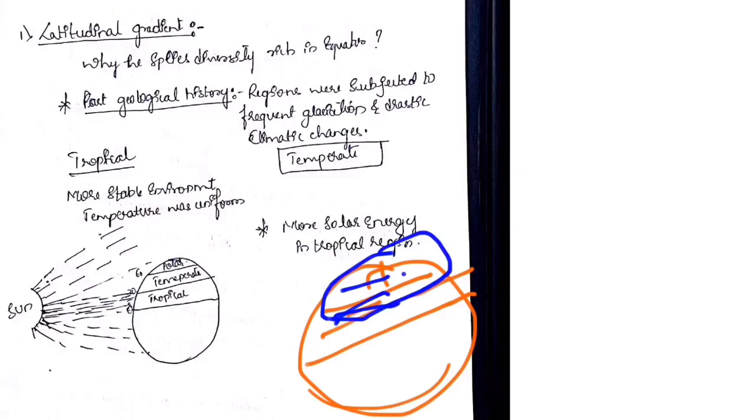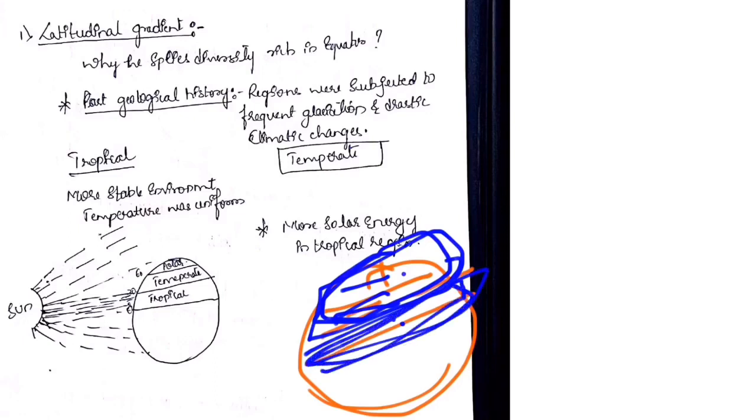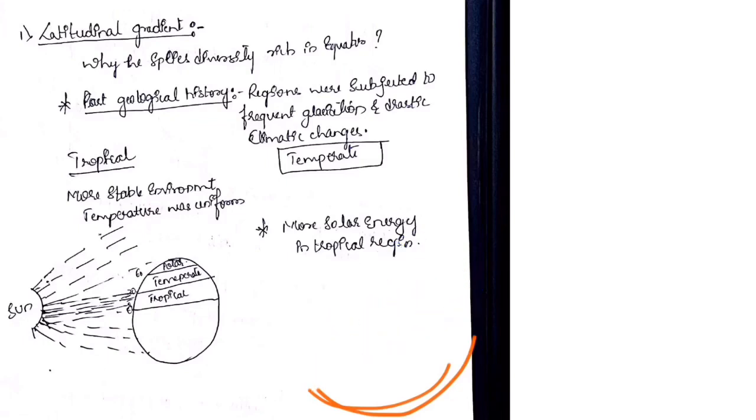Frequent glaciation means more volcanic eruptions. Earthquakes have taken place more frequently within this area when compared to the tropical region. This is why species are distributed more within the tropical area when compared to the temperate and polar regions.